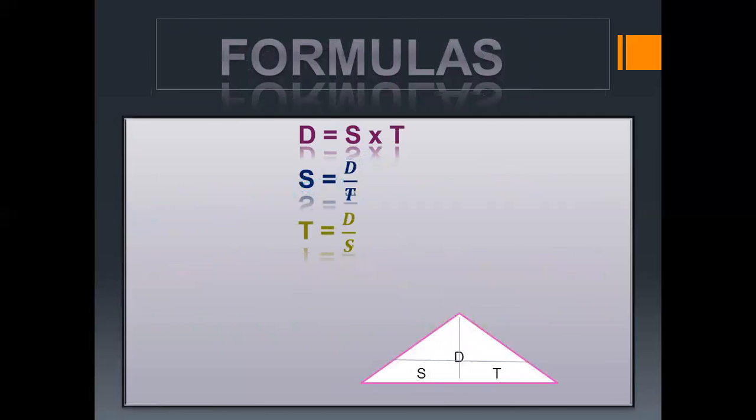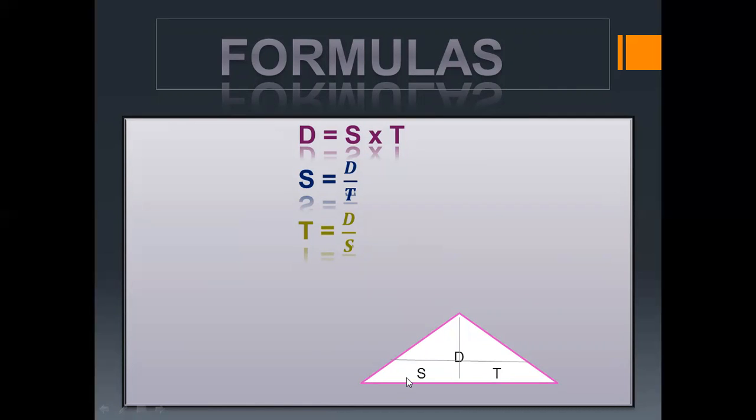The relation between distance, speed, and time is like this triangle: S and T, and distance is above them. According to this, we will set the formulas. You see that D is S multiplied by T. According to the diagram, when S and T are multiplied, we get distance.